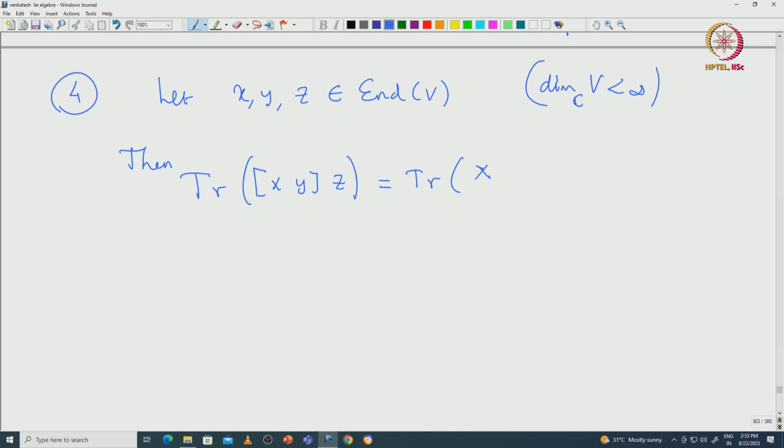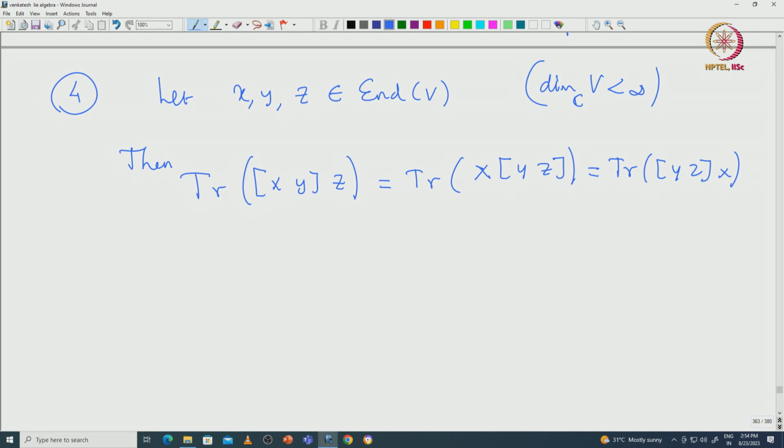You can actually shuffle them. So, these three things are the same.